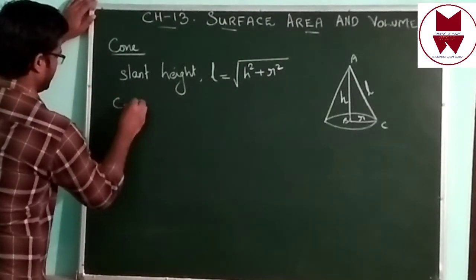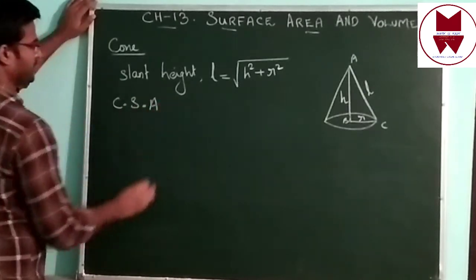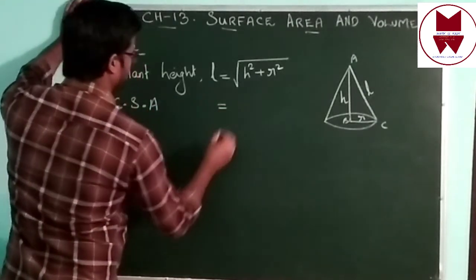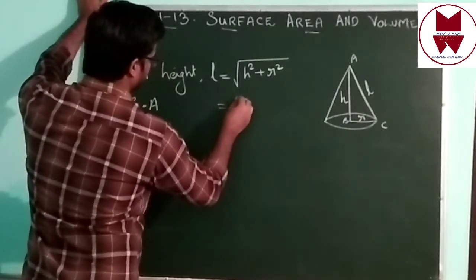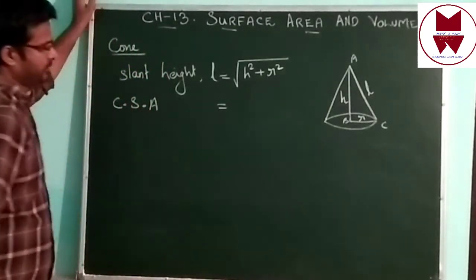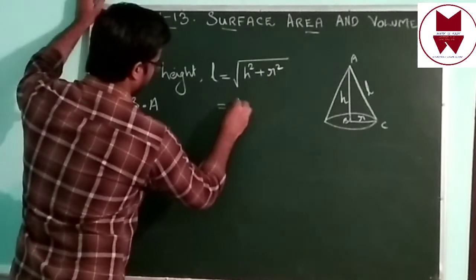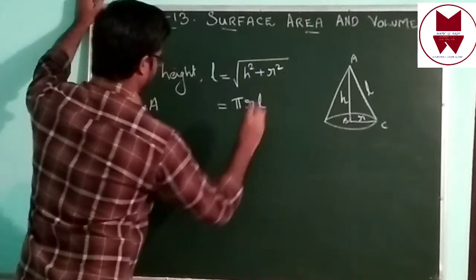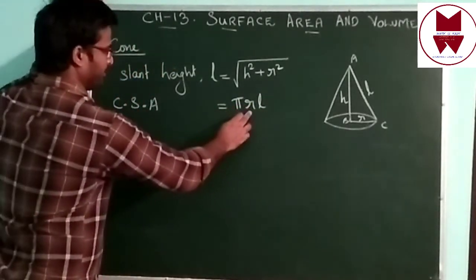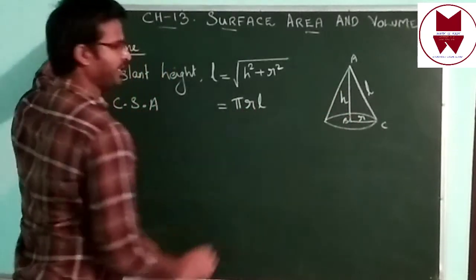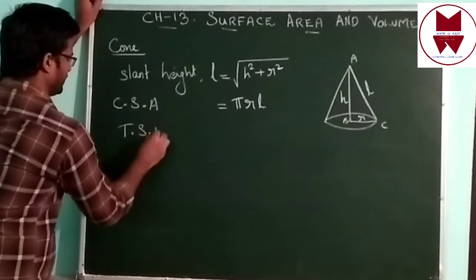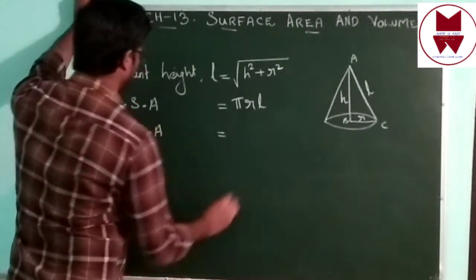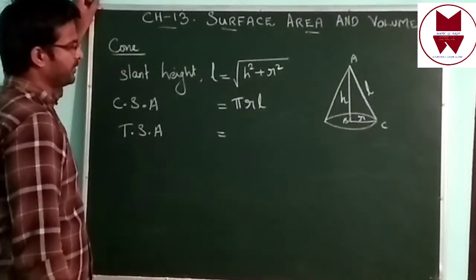Then C is the curved surface area, equal to pi r l. Here r means base radius, l means slant height. Next, total surface area. How can we find it?